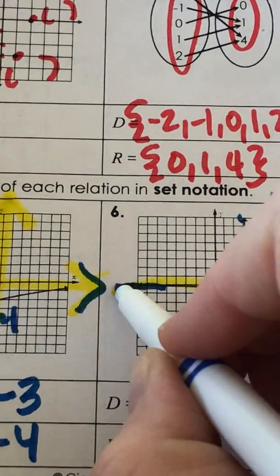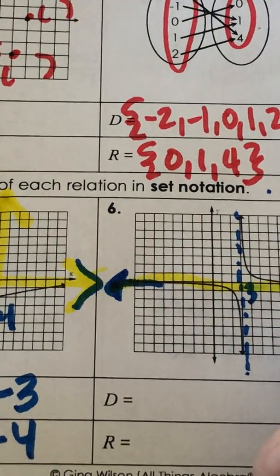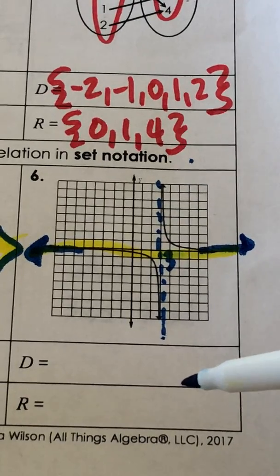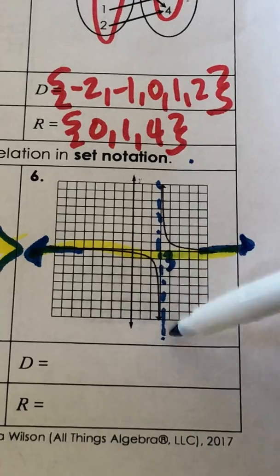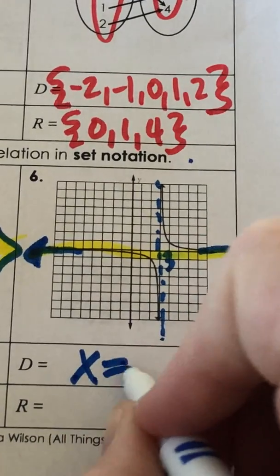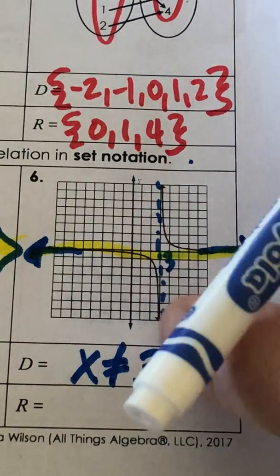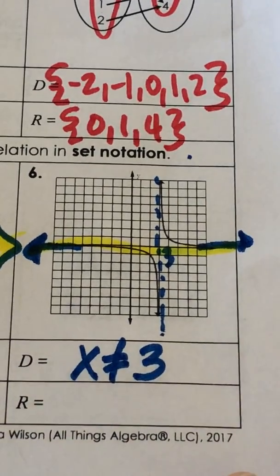So this is going all the way left forever and ever, and all the way right forever and ever. So if there wasn't that asymptote there, then it would be all real numbers. But there's no value for x at 3. So it's just x does not equal 3. Okay, there's no value there. It will never touch 3. It approaches, but it will never get there. Okay?